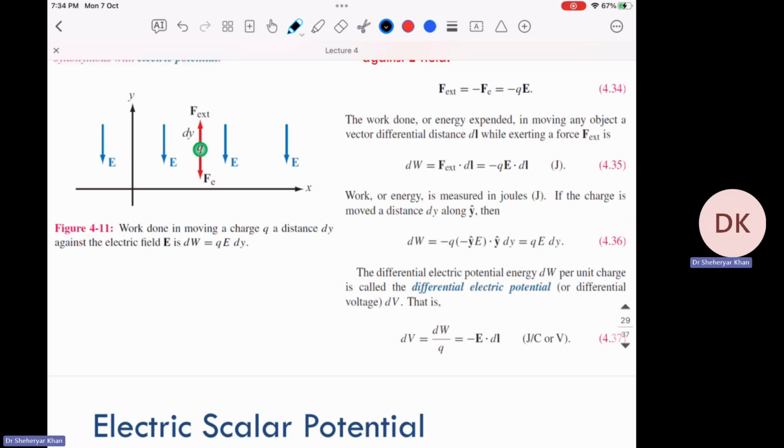In our first lecture, we saw from Coulomb's law that the unit is newton per coulomb. It's the same as volt per meter. Now you can see that it's actually the same story.